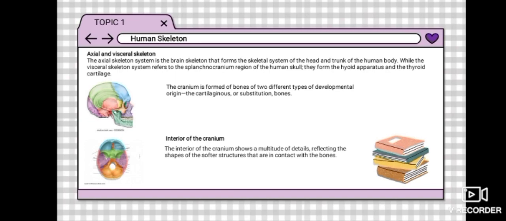The interior of the cranium. The interior of the cranium shows a multitude of details reflecting the shapes of the softer structures that are in contact with the bone. The internal surface of the vault is relatively uncomplicated.